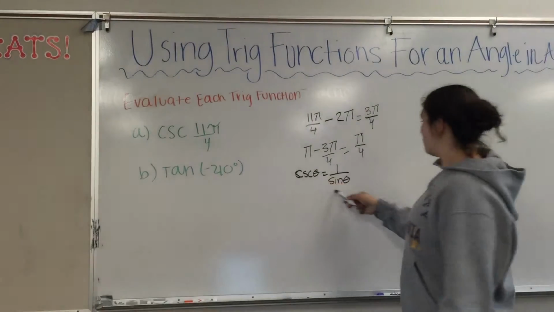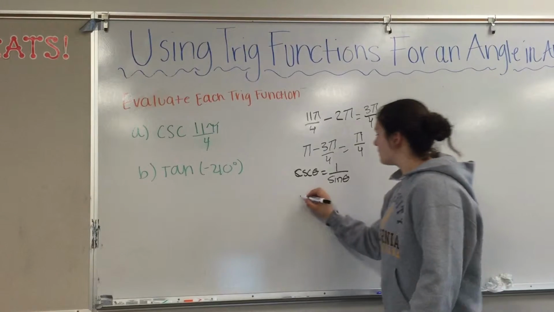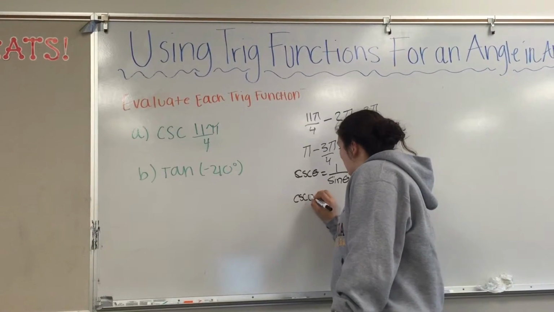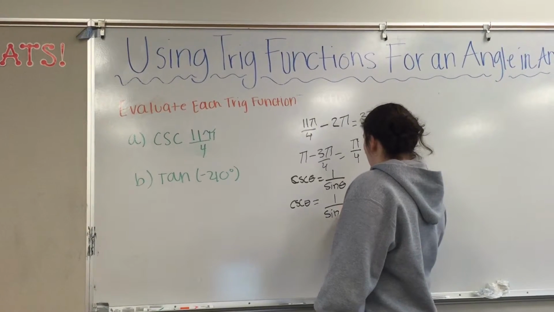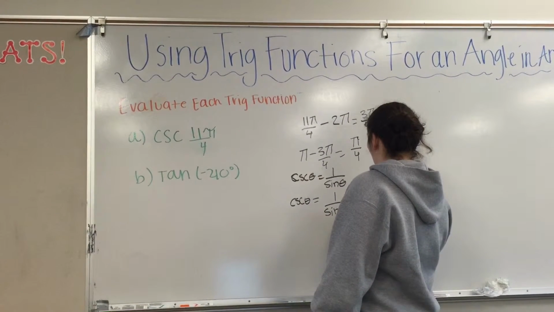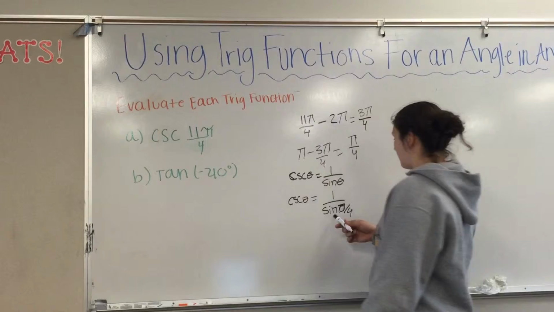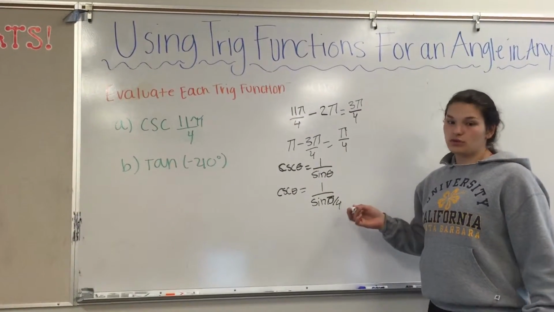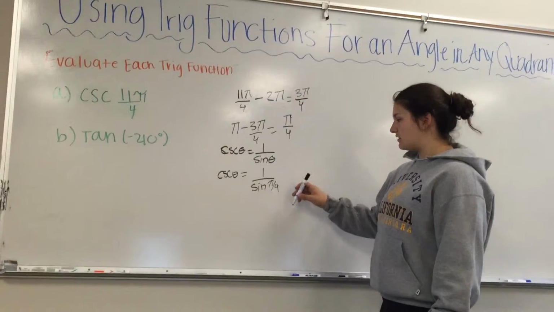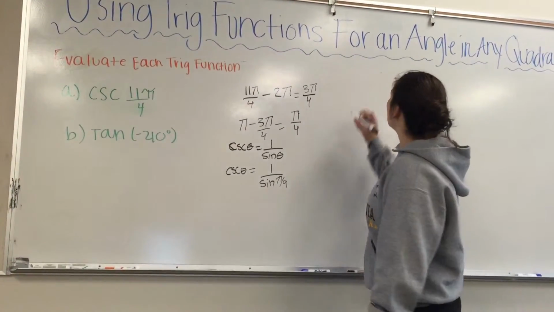So we're going to plug in: the cosecant is equal to 1 over the sine of pi over 4. And the sine of pi over 4, we know using the unit circle, is the square root of 2 over 2.